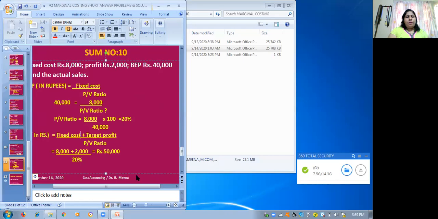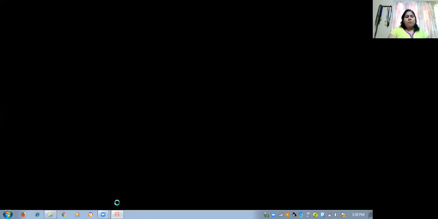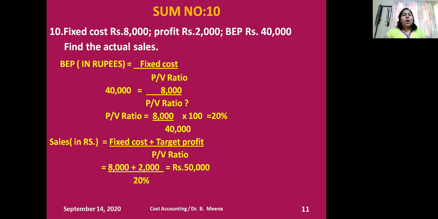So sales in rupees is equal to fixed cost plus target profit divided by PV ratio. What is my fixed cost as per this problem? 8,000. Target profit is 2,000. And divided by PV ratio. If I knew the PV ratio, then automatically I will calculate sales.